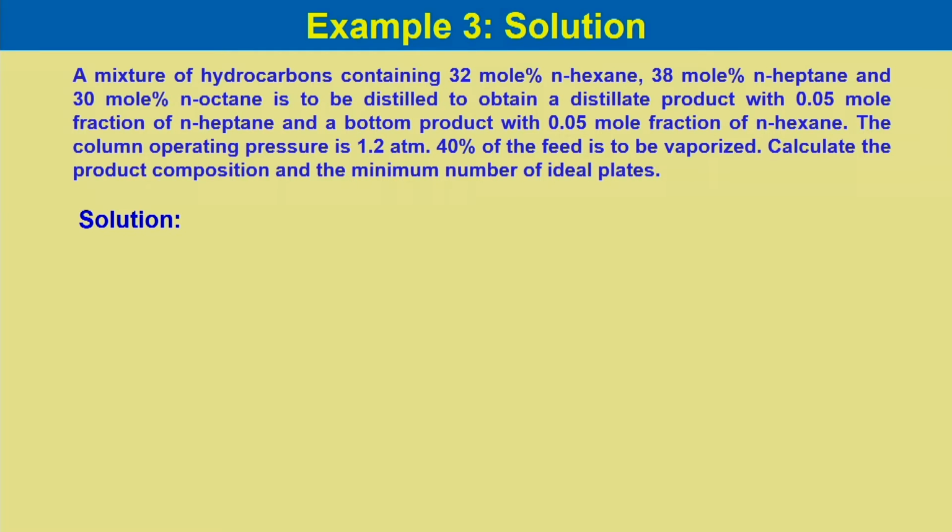Now, here for the flash distillation we have to define the key components and the non-key components. So, let us define the key components. One is light key, we can call it LK, another is heavy key, we can call it HK, and the third one is heavy non-key, we can call it HNK.